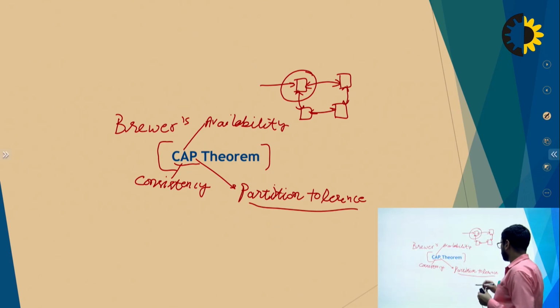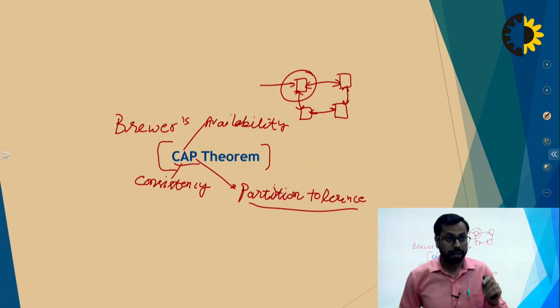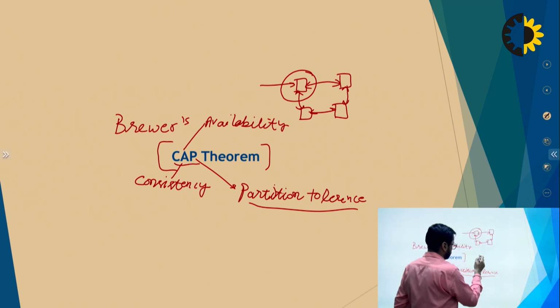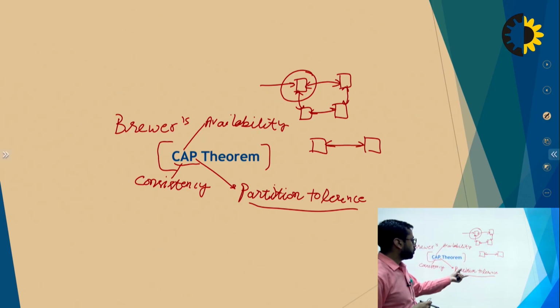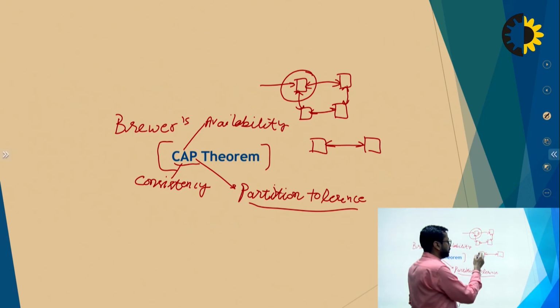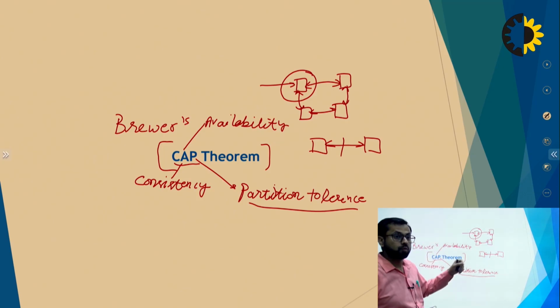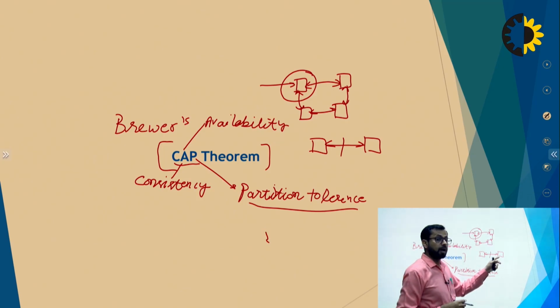Partition tolerance means, let's suppose two nodes are sharing their information with each other. What happens in the case of partition tolerance? Let's suppose this node wants to update some information to this node, and a failure occurs on this node. Will the data be updated on this node or not?